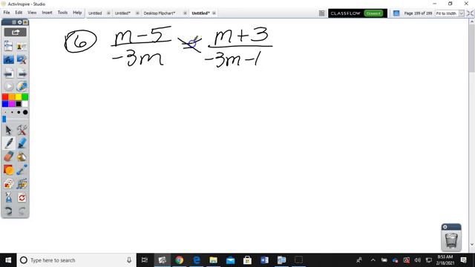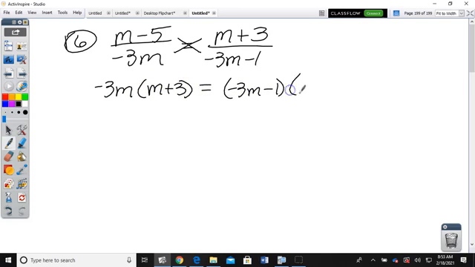Cross multiply, set them equal, so this is going to be negative 3m times m plus 3 equals negative 3m minus 1 times m minus 5. And you work it out. Okay? Distribute the left side. Negative 3m times m is what?